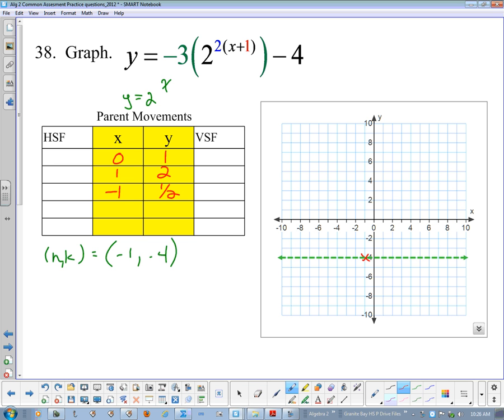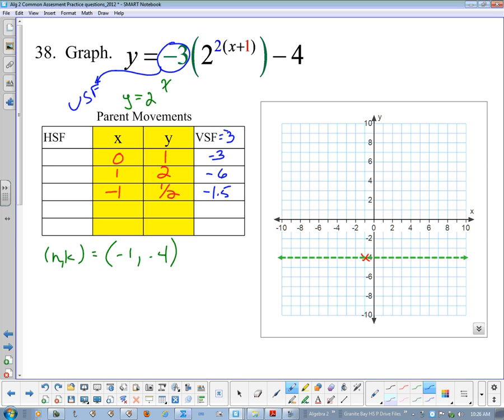The vertical stretch factor is up there in green. This right here is the vertical stretch factor. So it's going to be equal to negative 3. That negative 3 affects all the y's. So this is going to be negative 3 times 1 is negative 3. Negative 3 times 2, negative 6. Negative 3 times 1/2, negative 1.5. Is there a horizontal stretch factor?